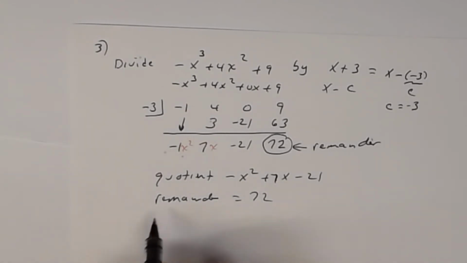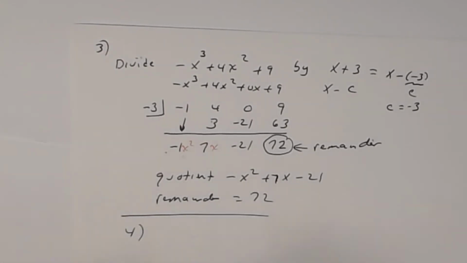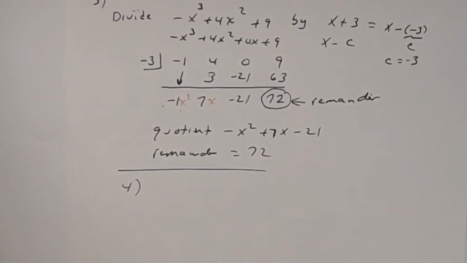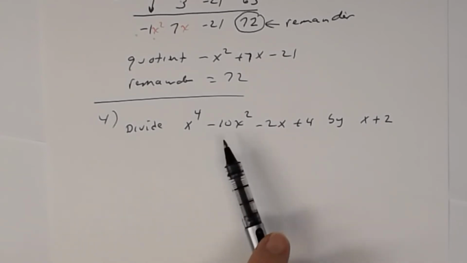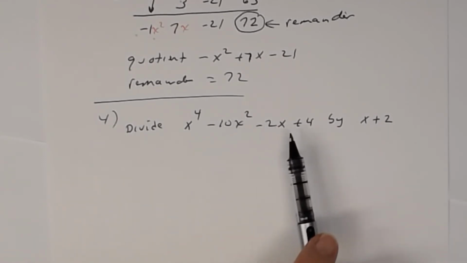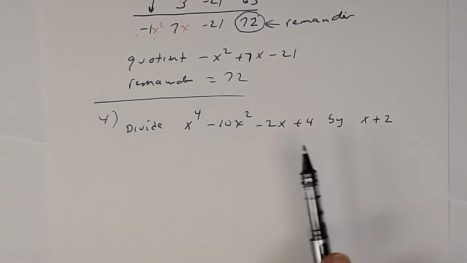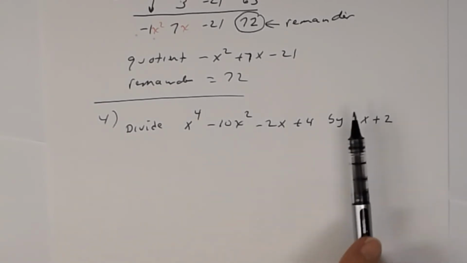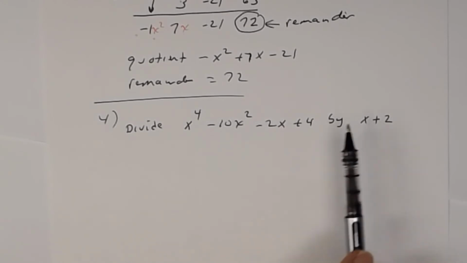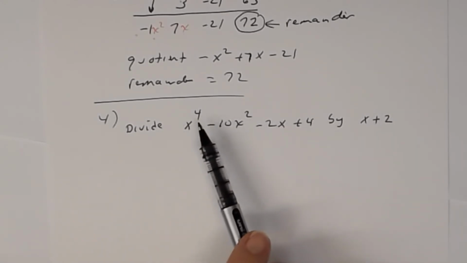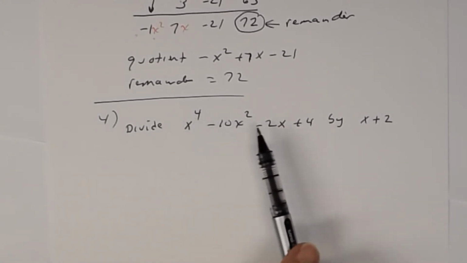All right? Let's look at number 4. Let's suppose we had this for number 4. All right, so we have divide x to the 4th minus 10x squared minus 2x plus 4 by x plus 2. I can use synthetic division because the coefficient of my linear factor of x is 1. Notice though, it is in descending order and there is a missing term.